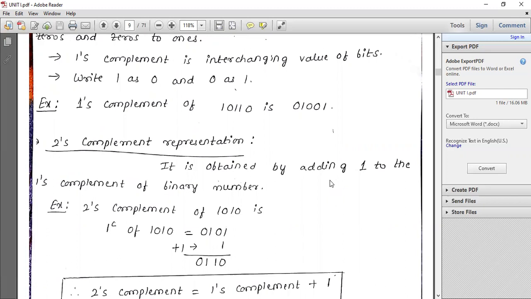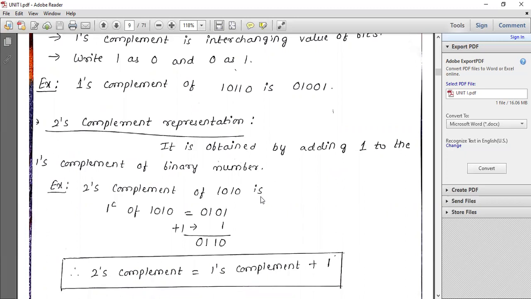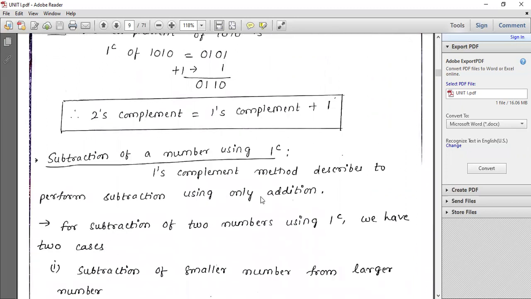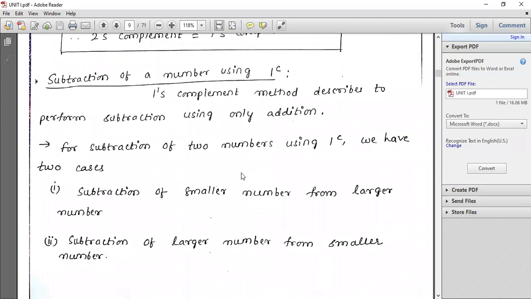So always this 1 must be added at your LSB bit. Now we are in a position to find the 1's complement and 2's complement form of the given binary. Using these complements, let us see how the subtraction procedure will continue with binary.